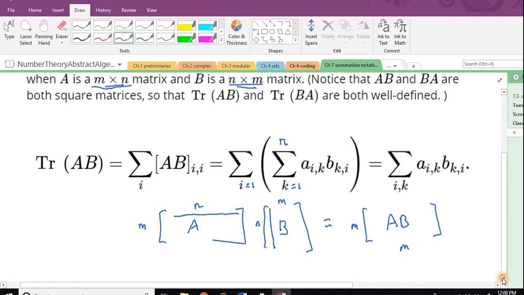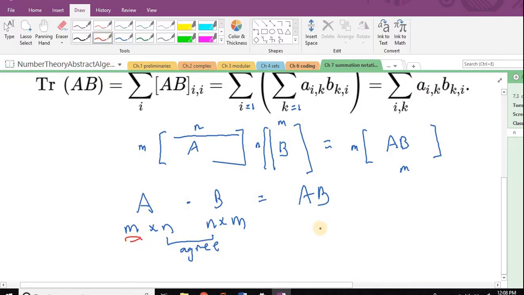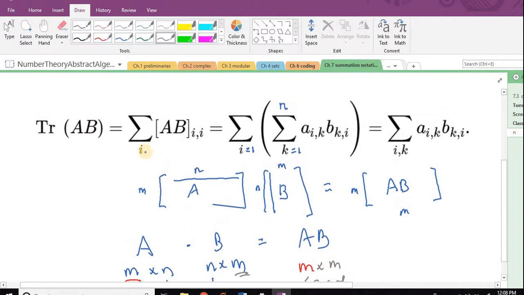If you have A times B equals AB, A is m by n, and B is n by m. These two have to agree, and this m here is the number of rows of AB, and this m here is the number of columns of AB. All right, so AB is a square matrix that's m by m. So what does that tell me about the limits here? What limits here?